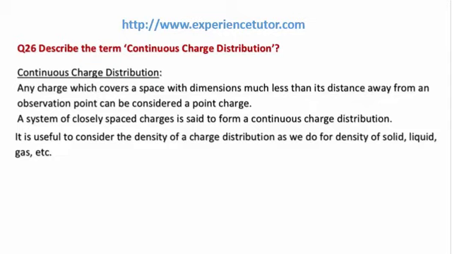A system of closely spaced charges is said to form a continuous charge distribution. It is useful to consider the density of charge distribution as we do for the density of solid, liquid, and gas.